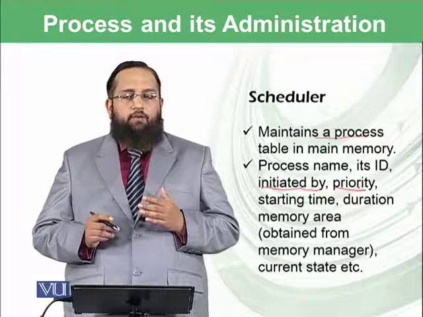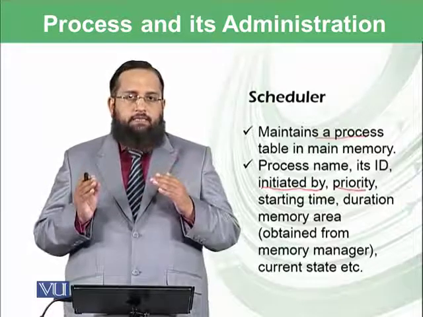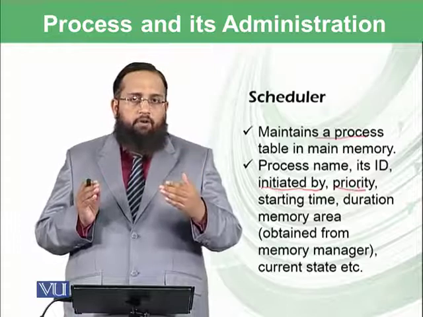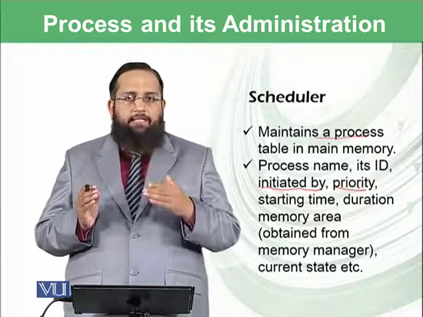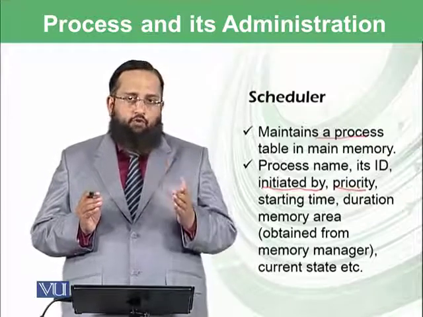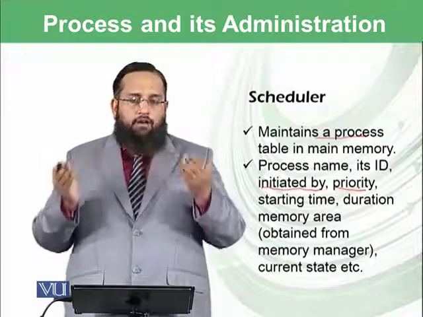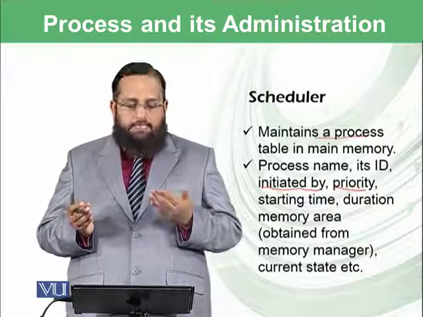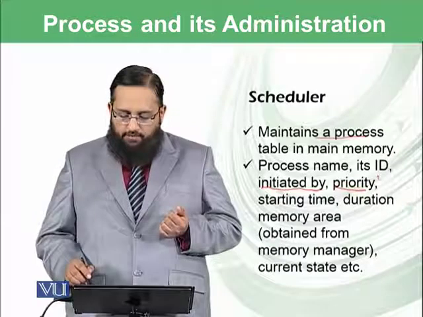For example, some processes may be of highest priority and need to be executed first, even if they have arrived later in the queue. This could be another approach to execute the processes, so it also stores such priorities.